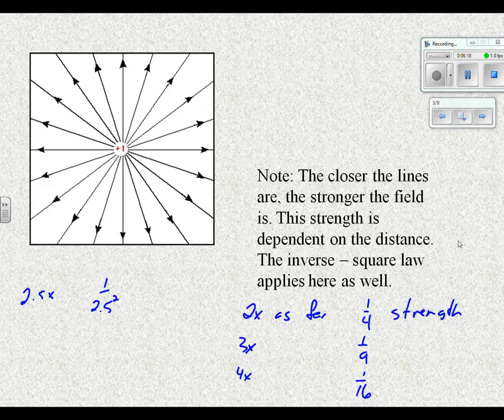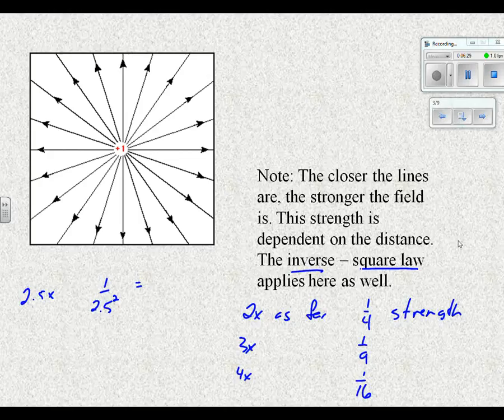Whatever that is. Yeah, that's what the inverse square law says. 7 times as far? 1 over 7 squared, or 1/49th. So you take the number on the left, you put it underneath 1, and you square it. Inverse square. It's not hard.